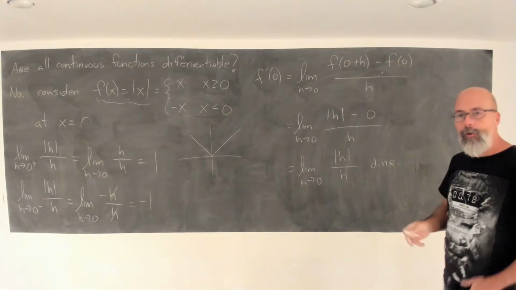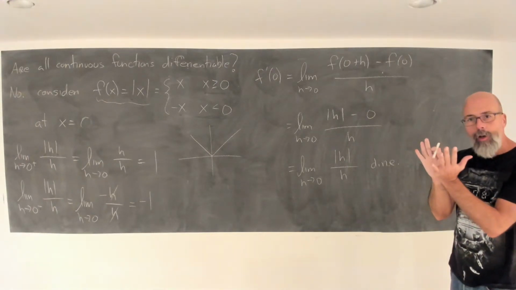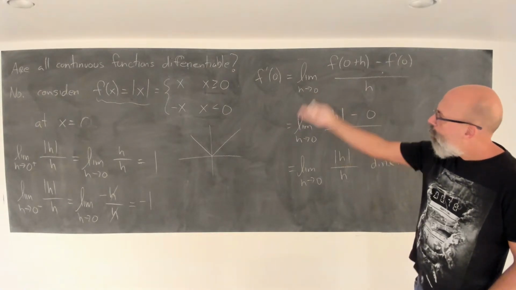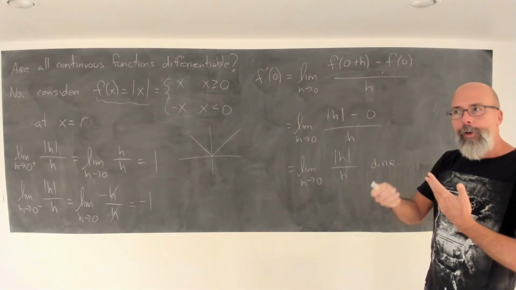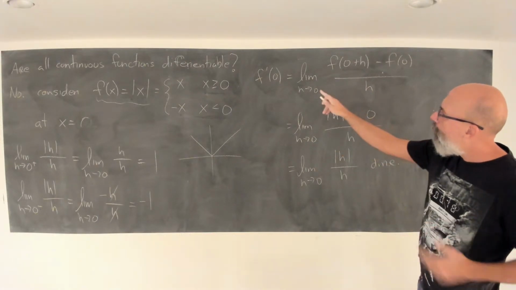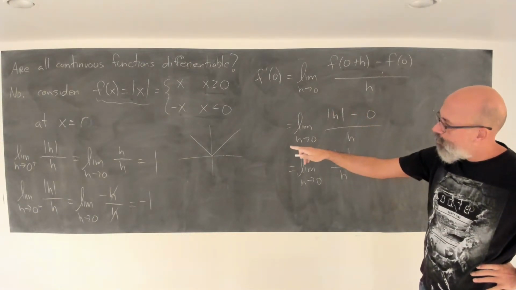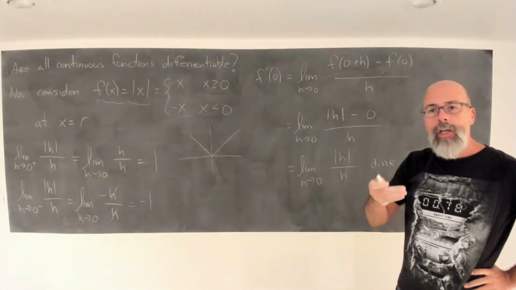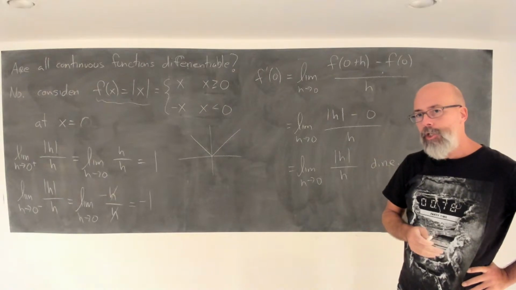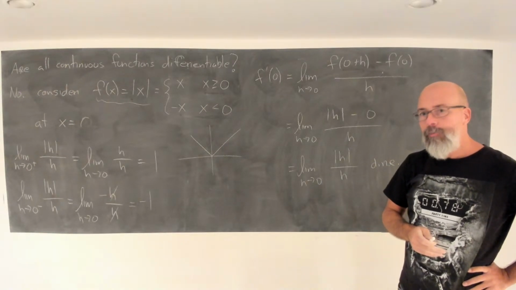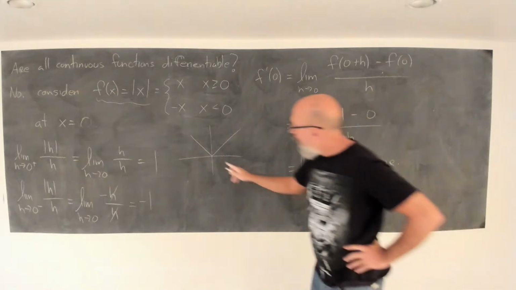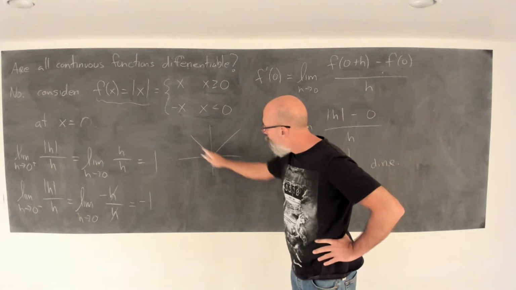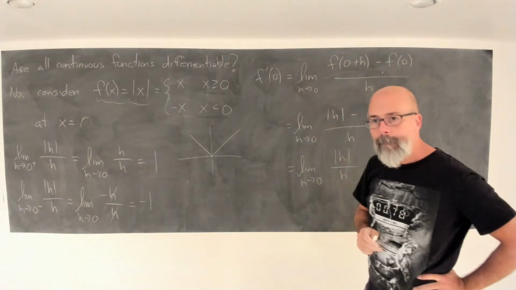This idea can be generalized. When you have a corner, the derivative does not exist. The derivative existing, right? I mean, we saw if the derivative exists, your function had to be continuous. The derivative is actually a bit stronger. It's a smoothness condition, and here your function is not smooth. There's a corner happening.